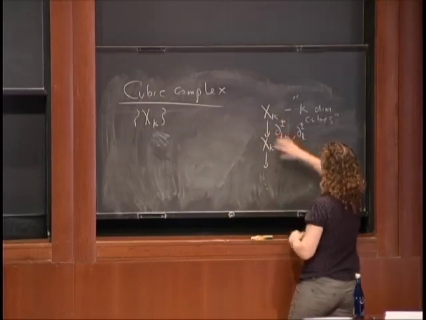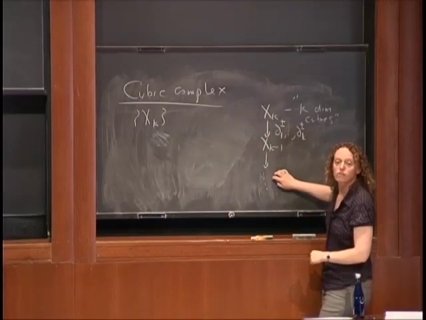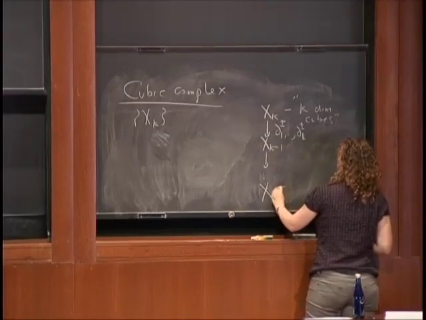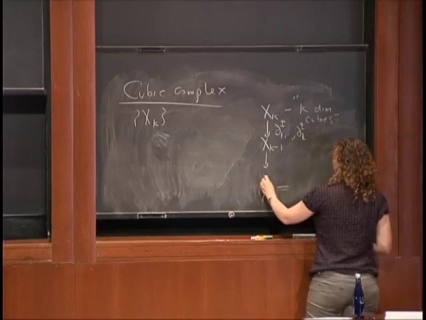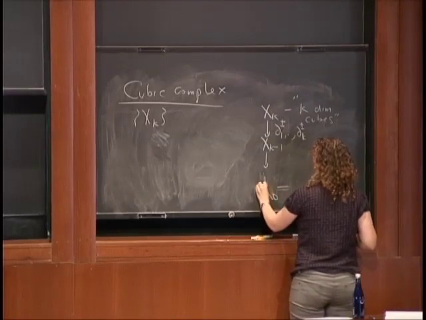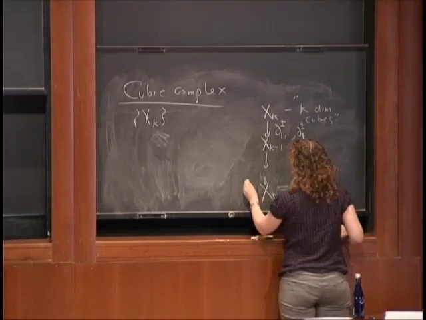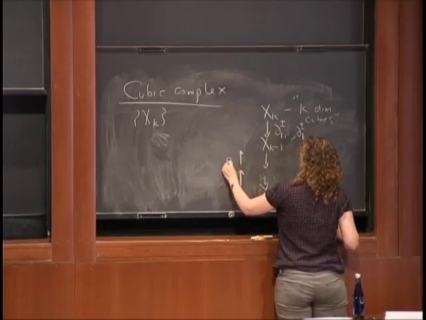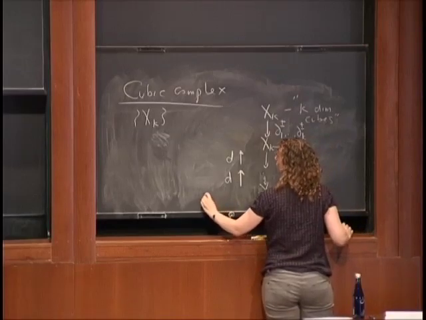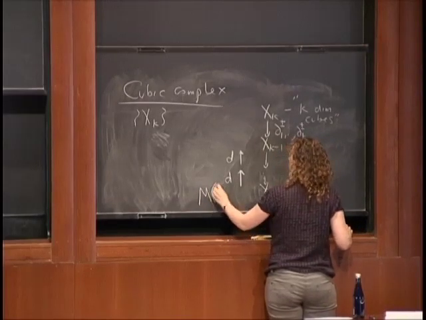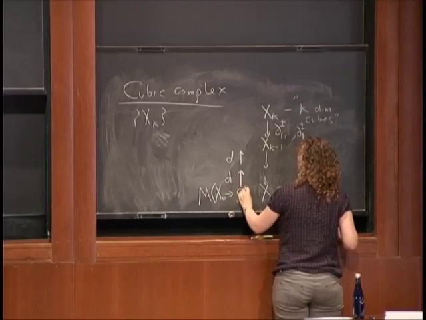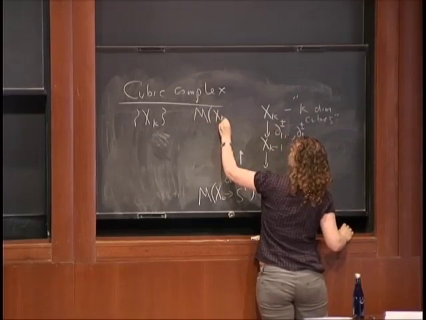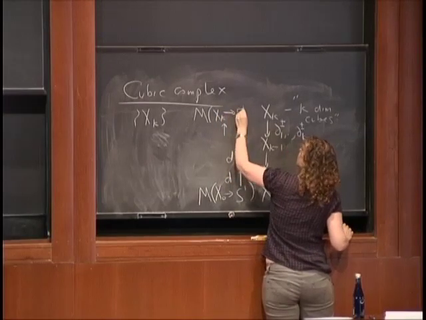So if you have this object and these boundary maps, then down here you have maybe your original set, x_0, x_1. Then you have these maps going in the other direction, dual maps, that come from measurable functions from x_0 to S^1, each one going up, so measurable functions from x_k to S^1.